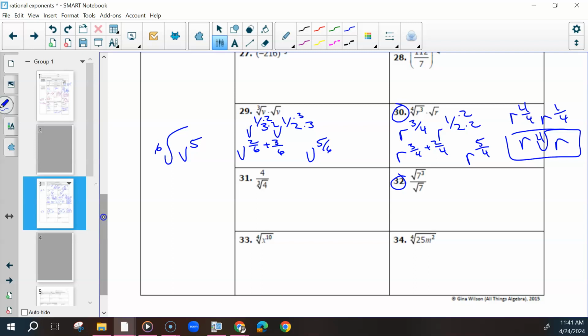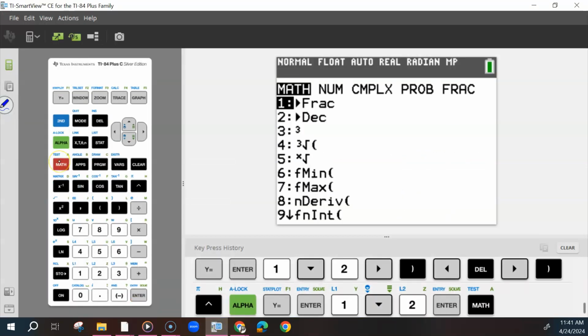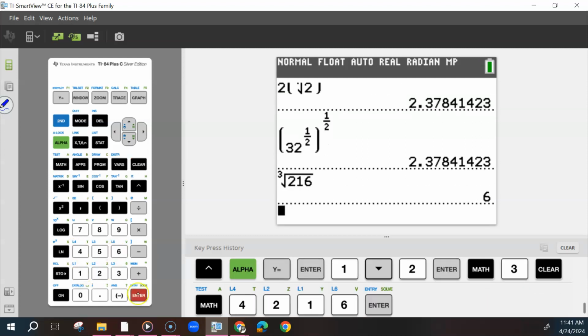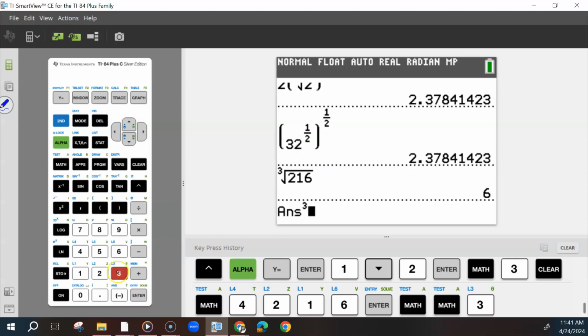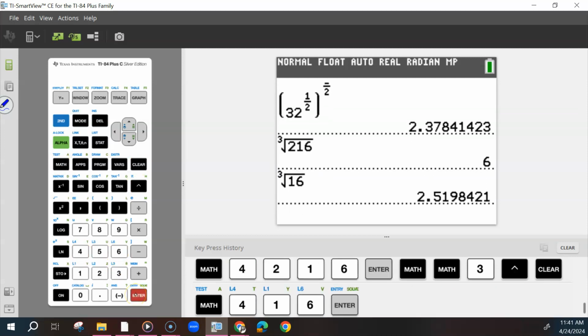So when we get a perfect root of, say, 216, a perfect cube, why don't we put it as 216, and then think about why it has to be that number? 216 will give us a whole number. But if I type in 16, it's not a whole number, so we have to break it into something that is.